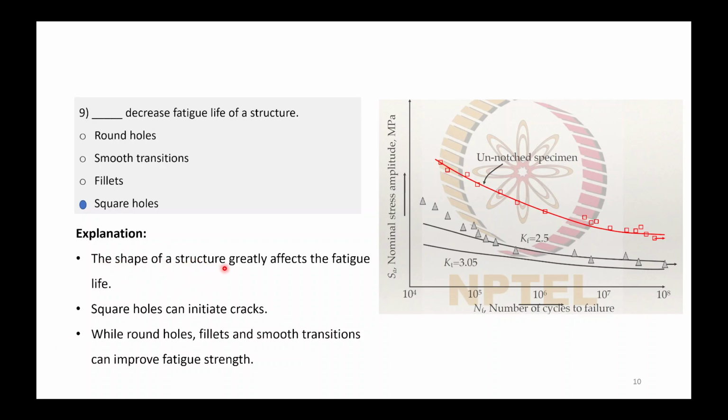So the shape of a structure greatly affects the fatigue life. Square holes can initiate cracks, while round holes, fillets and smooth transitions can improve fatigue strength compared to these square holes. Now in this graph also we can see a un-notched specimen always has higher fatigue strength compared to specimens consisting of notches or these square holes or these types of structures.